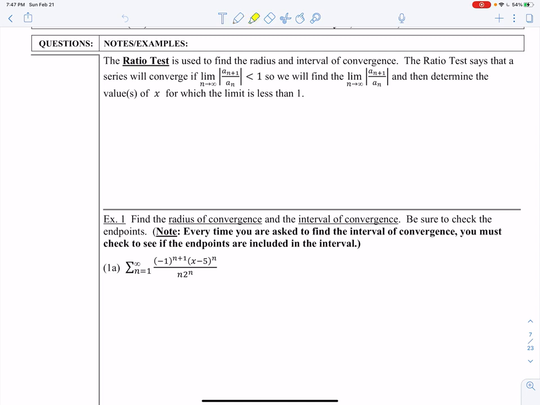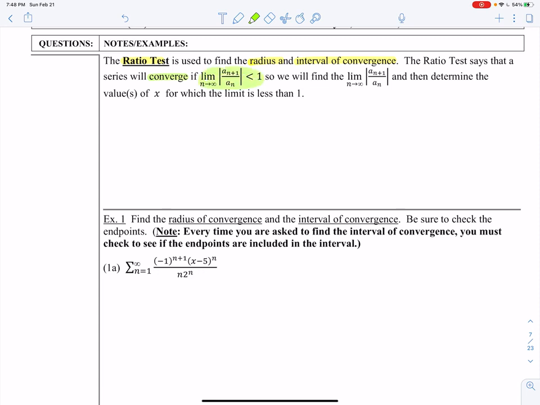So we've used the ratio test to find whether a series converges or diverges. But the ratio test is also important because it's going to help us find a radius and interval of convergence. If you remember, pretty important, the ratio test says that a series will converge if the limit is less than 1.